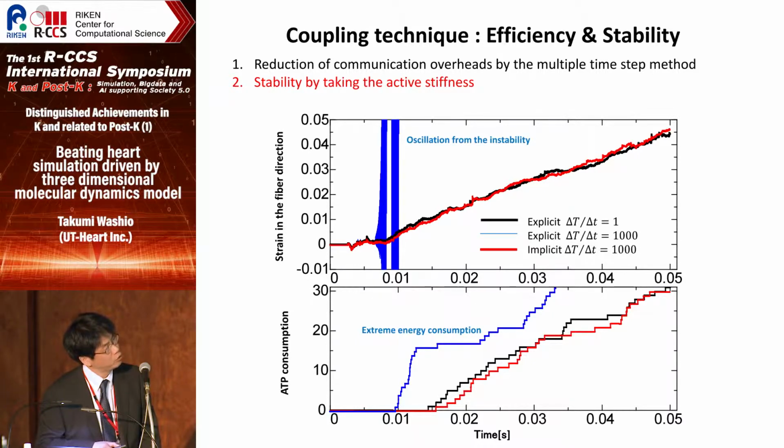And this red line shows the result coming from our aggressive strong coupling technique. And this is the highly oscillating result coming from aggressive coupling without taking stiffness into account. Also this energy consumption profile further confirms the robustness of our approach.